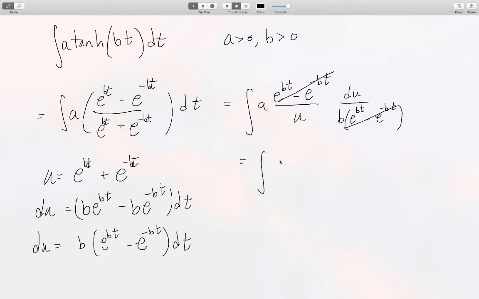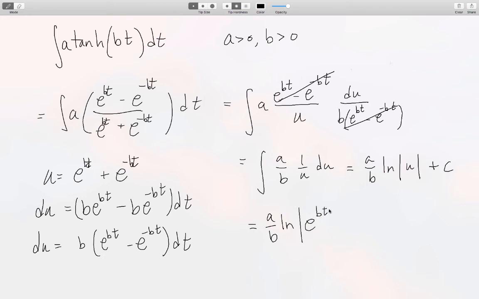So it becomes an integral of a over b, 1 over u, with a variable of integration of u, and so that's a constant a over b, ln absolute value of u, plus the constant of integration. That's a over b ln, and the u was this thing, so that's the ln of e to the bt plus e to the minus bt.